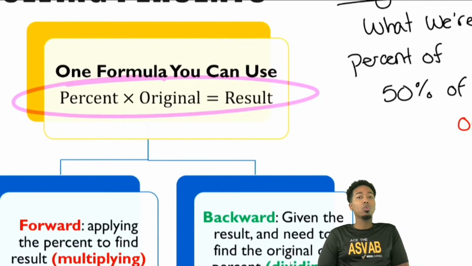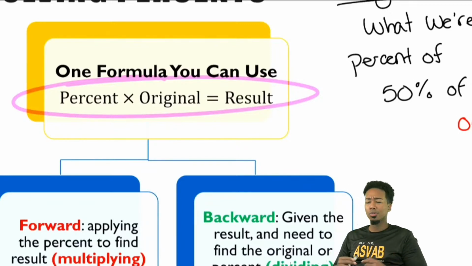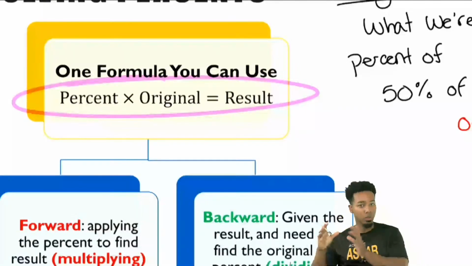Yeah. When we're working backwards with equations, typically you're going to do the opposite operation. So because you see that we're multiplying to go forward, what operation do you think is going to happen working backwards? Exactly. Division.